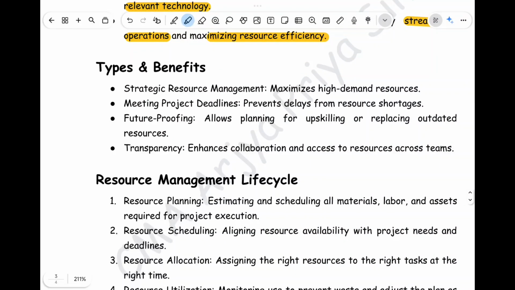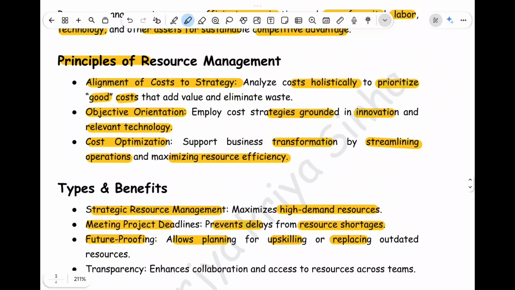Now, next is types and benefits. What are the types and benefits available in resource management? First one is strategic resource management, to maximize the high demand resources. Next is meeting project deadlines, which prevents delay from resource shortages. Next is future proofing, allowing planning for upskilling or replacing outdated resources.